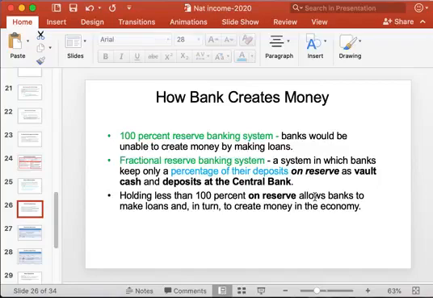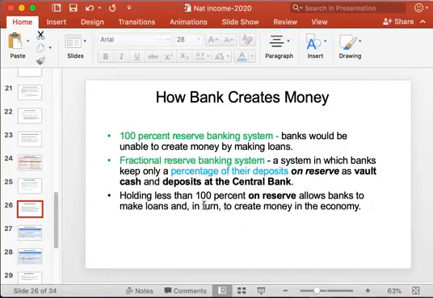So in that case, whatever percentage of the deposits made by the general public in the bank are required to be kept as reserve with the central bank, the rest of the money can actually be used to provide loans to the general public, and then banks can create money.